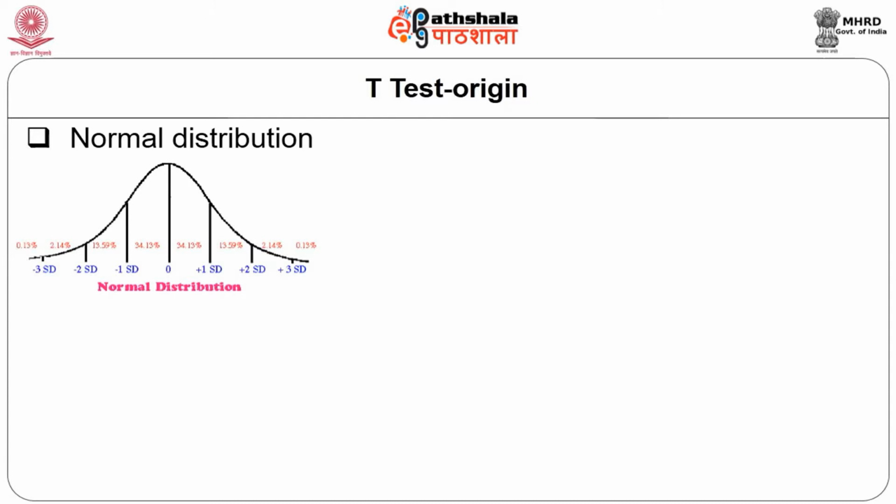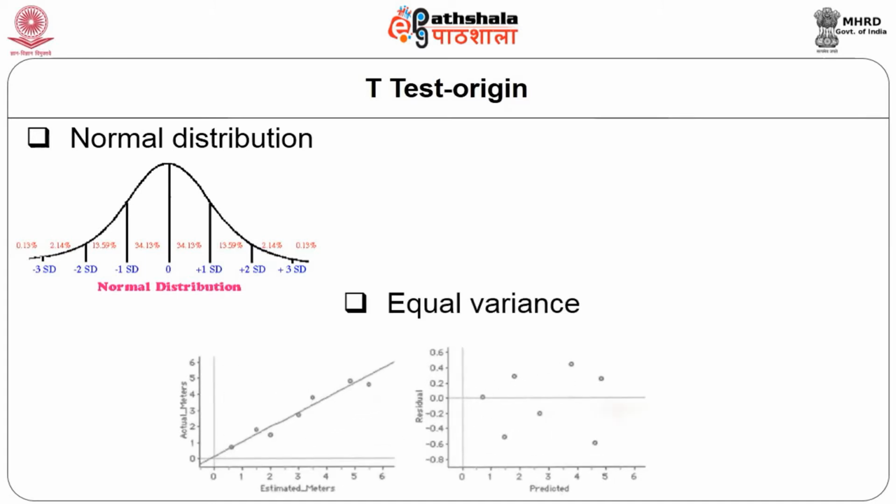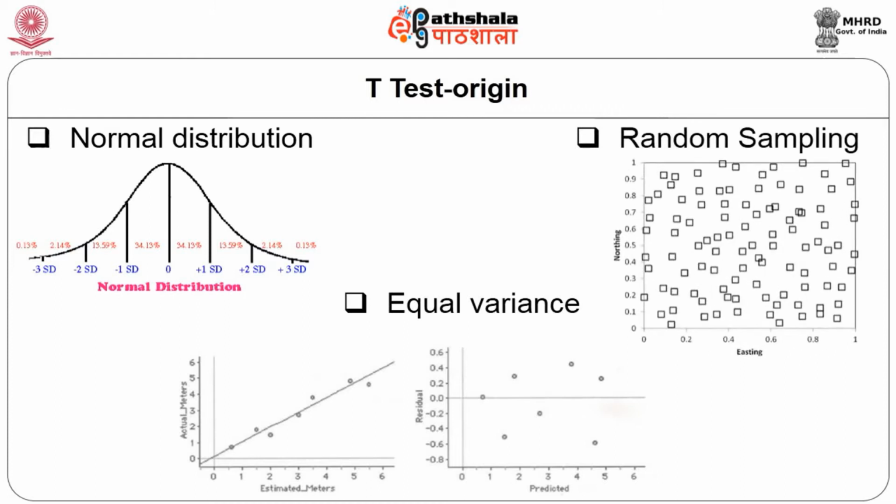The second assumption is equal variances. That means the two groups, experimental and control, may have different means, but the variations should be similar in both groups. The third one is random sampling, where you should pick the data at random.